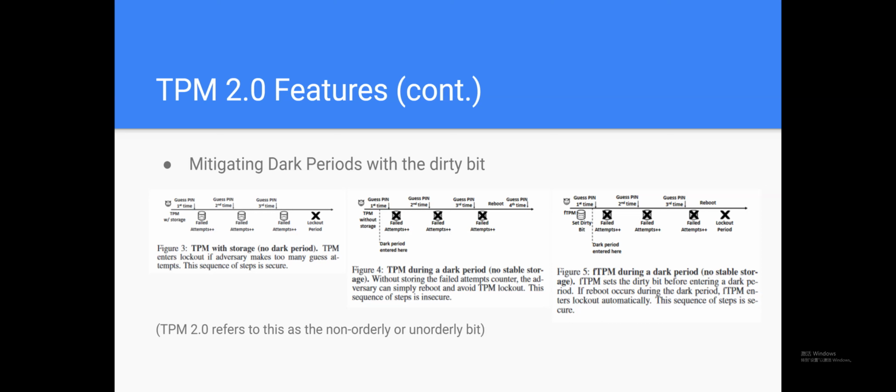If a reboot occurs during the dark period, then the FTPM will enter lockout automatically because it detects that someone is trying to circumvent the dictionary protection so that they can guess multiple times. So with that dirty bit, that becomes no longer allowed, and we are able to have a TPM with a dark period that is still secure. Next slide.